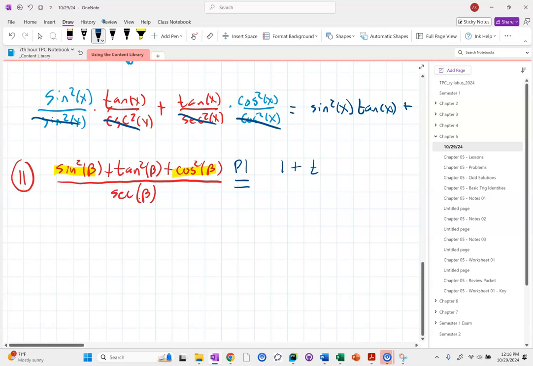But Mr. Kulik, they're not right next to each other. Why doesn't that matter? Because they're both on top, and they're both being added, right? Can we add 3 things in any order we want? Isn't 1 plus 2 plus 3 the same as 1 plus 3 plus 2? Right, so I can switch them so they're next to each other and bingo, bango, bongo, there we go. Thanks, Alana, good job.